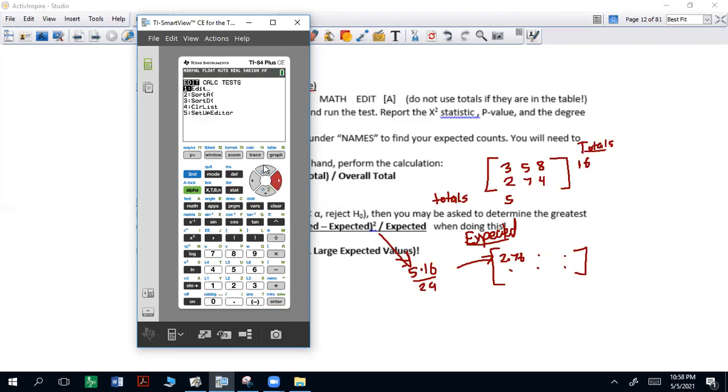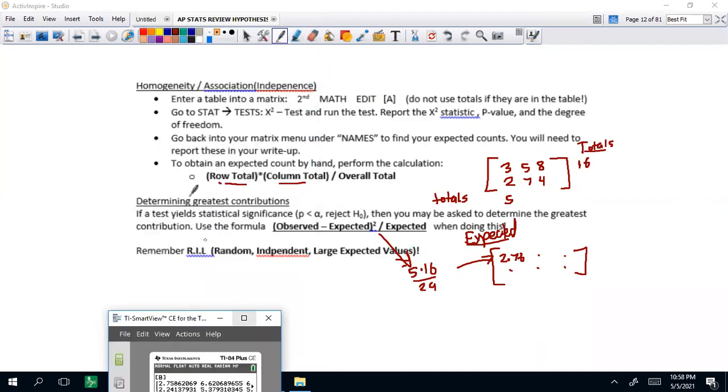Stat, tests, go up. And let's put our expected in B again. And we'll calculate it. And you can see our expected by going to second, x to the negative 1, option 2, and there's your 2.76 right there. So that number there is 16 times 5 divided by 29.